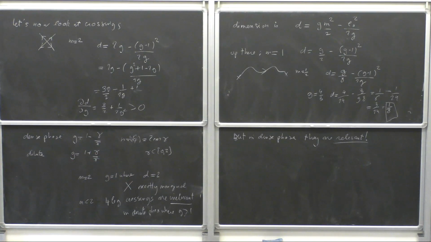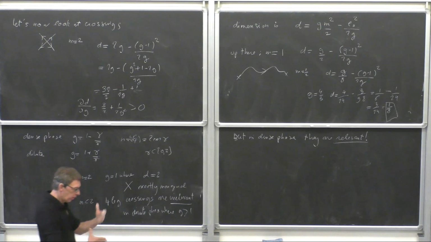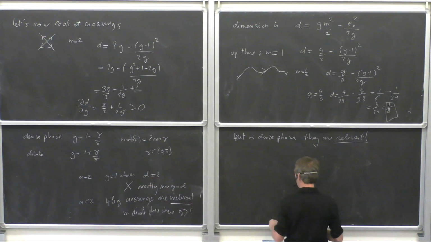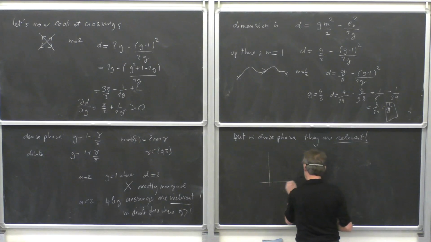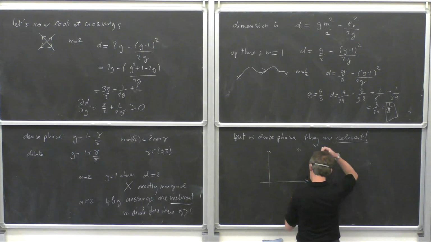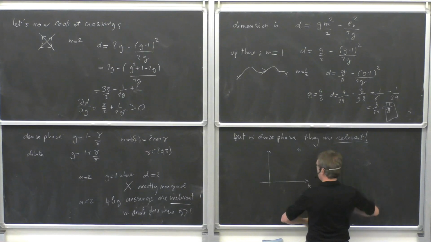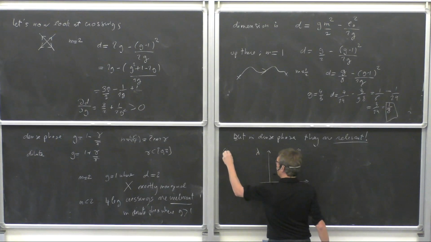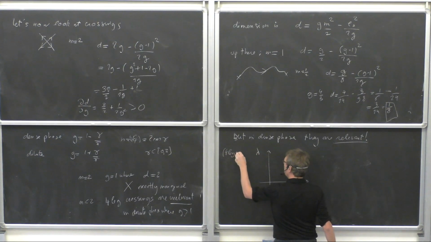This means that if we pack loops and then allow them to cross, we're going to flow to another universality class. So really, the phase diagram for a given n as a function of k, and let's call it, I don't know, lambda, the weight of the four-leg crossings.